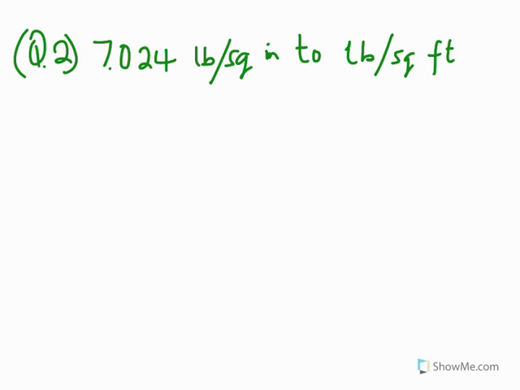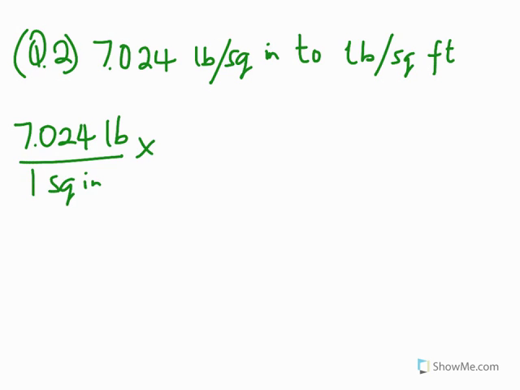We now have 7.024 pound per square inch. So this is 1 square inch, right? Now we want to keep the pound like it is, but we have to convert the square inch to square feet.